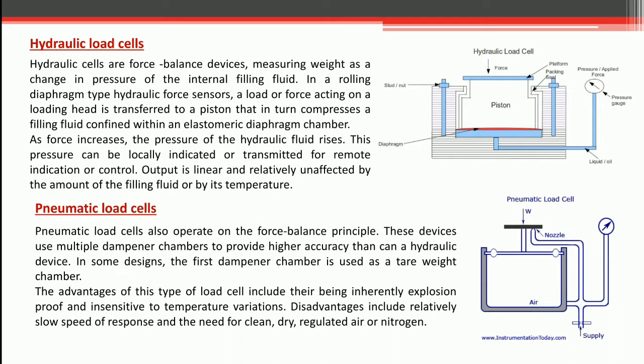For a constantly applied force, the system attains equilibrium at a specific nozzle opening, and the corresponding pressure is indicated by the height of a mercury column in a manometer. The commercially available load cells can measure loads up to 25 kilonewton with an accuracy of 0.5% of full scale.